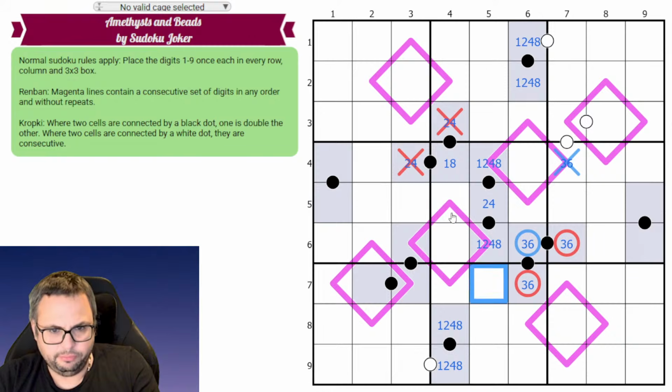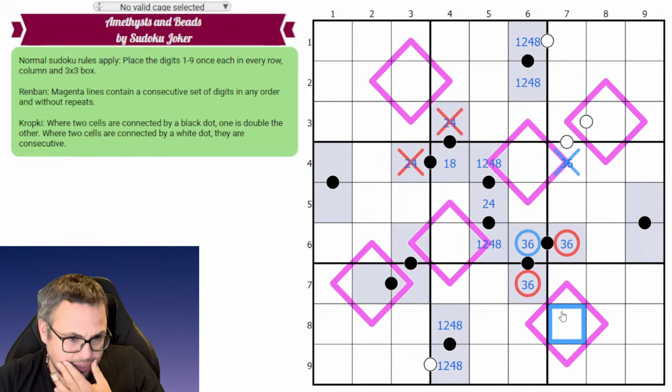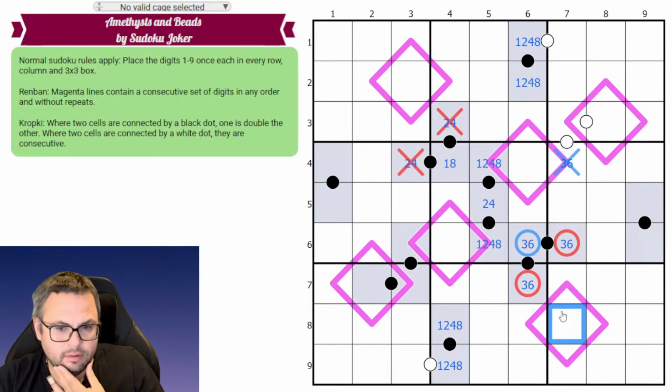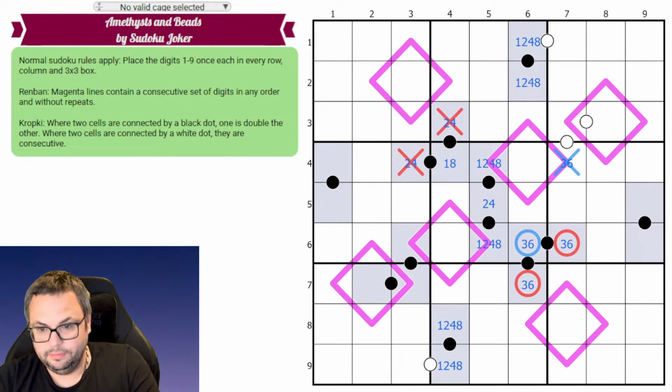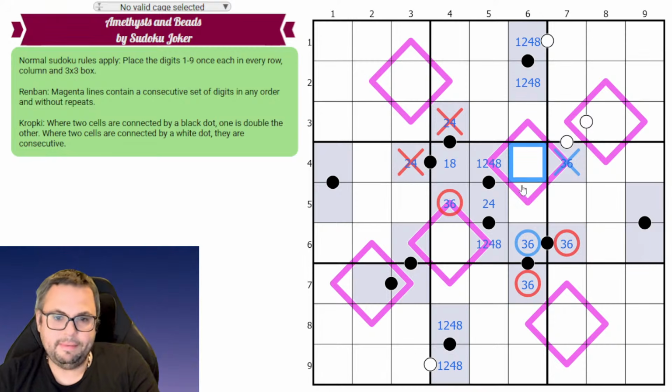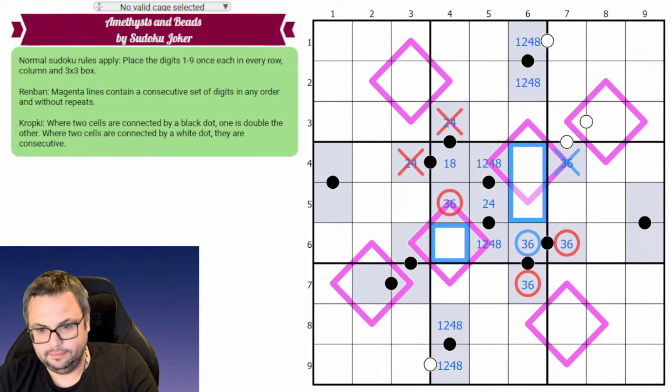One of these two is blue circle, but I don't know which one yet. Oh, and we can place the other 3 6 now. This is certainly red circle. Agree. So these are both, by the way, gray. So that makes these a 5 7 9 because we need the 5 7 9 somewhere.